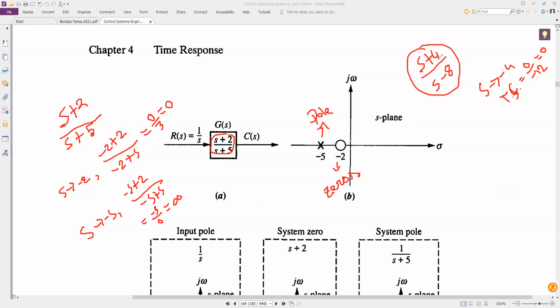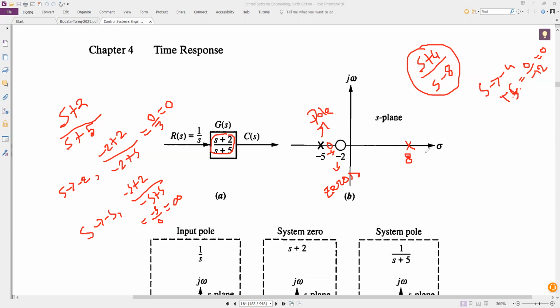So S is equal to minus 4 would be a zero. And if I put S is equal to 8, then it would be infinity. So S is equal to 8 would be the pole.